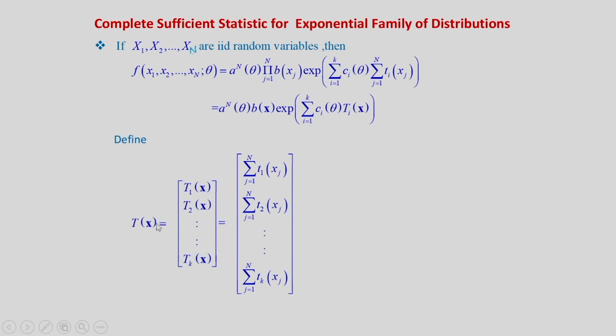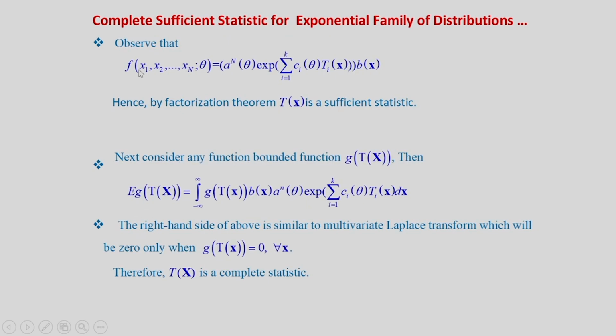Now, my complete statistic will be T(x), that is equal to T1(x), T2(x) up to Tk(x), where T1(x) will be the first summation, j equal to 1 to n of T1(xj), and similarly T2(x) will be the summation of T2(xj), j going from 1 to n. In that way we can find the statistics and write them in a vector form T of x vector.